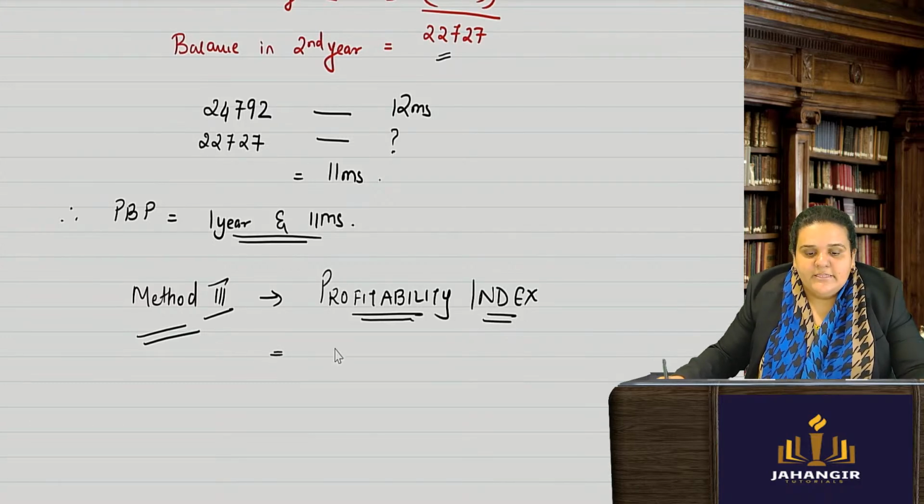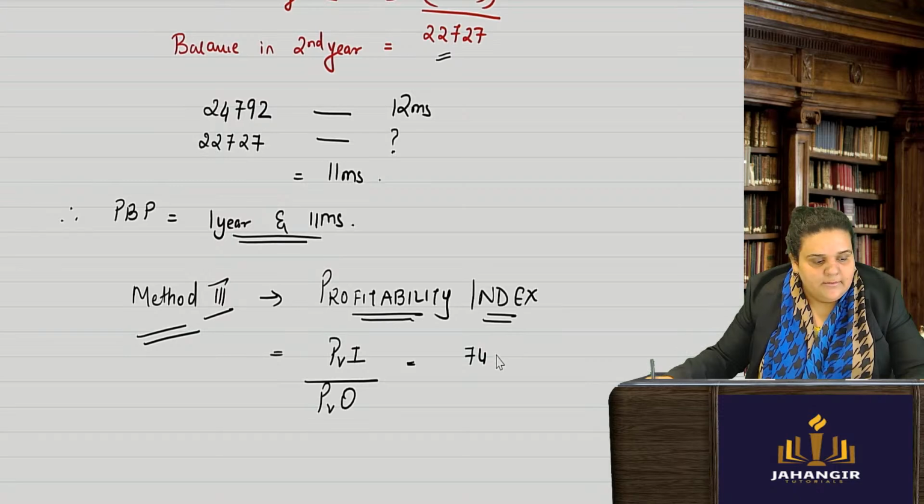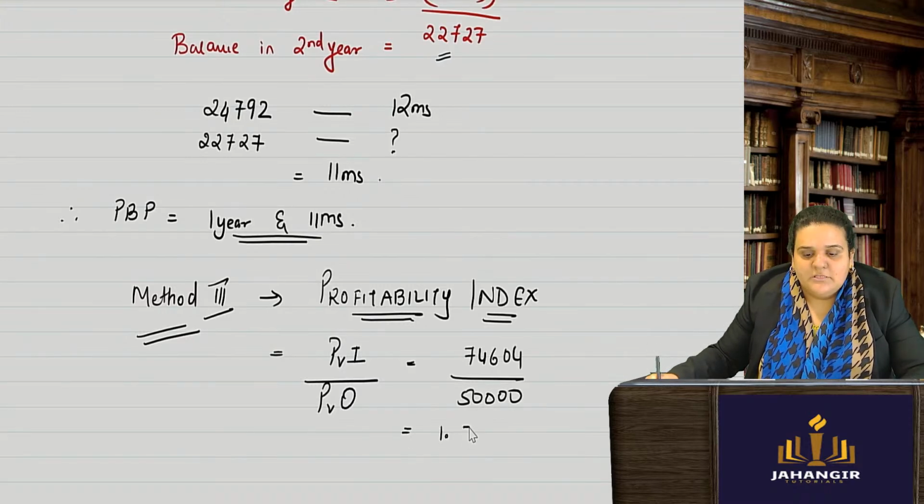The formula is PV inflow divided by PV outflow. Our inflow total is 74,604 divided by 50,000. Our profitability index is approximately 1.55.